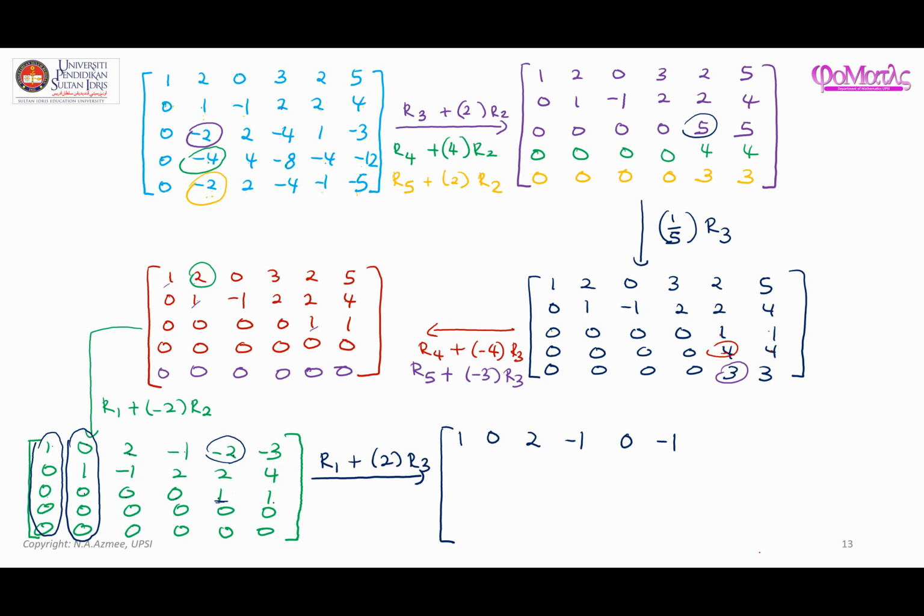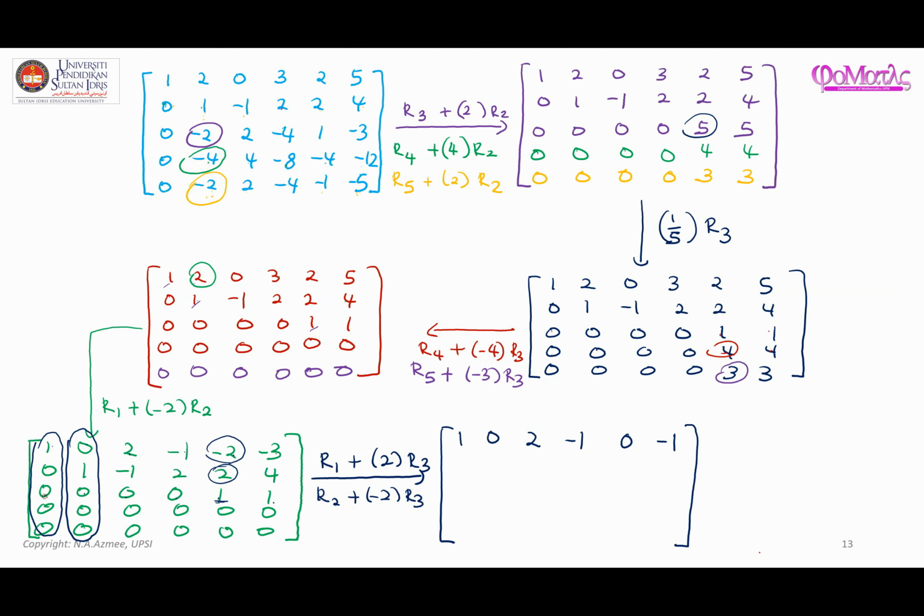So that's the first row. Of course, we also need to turn this to be 0. Therefore, R2 plus -2 R3 is the operation that you need to consider.